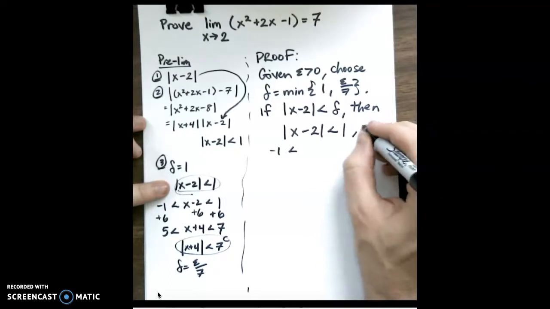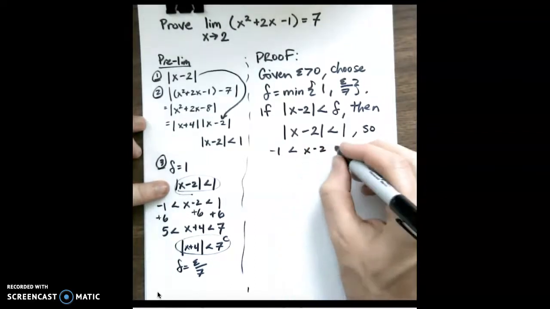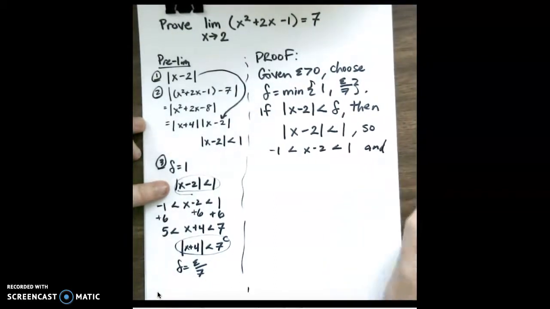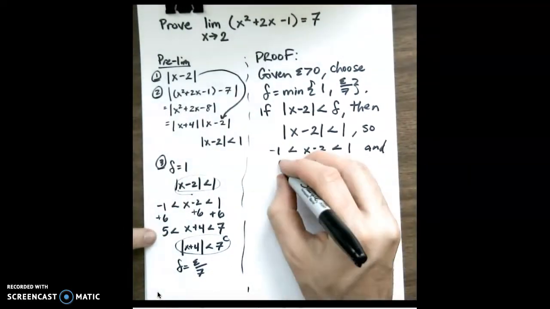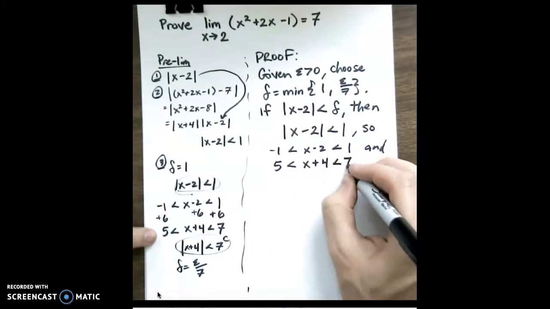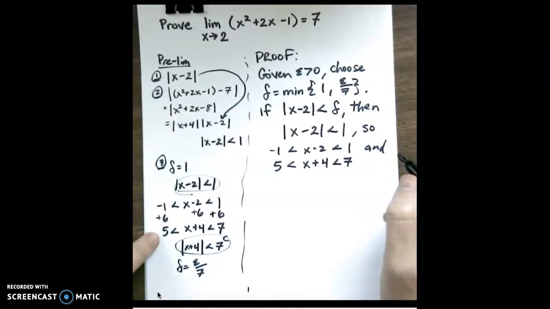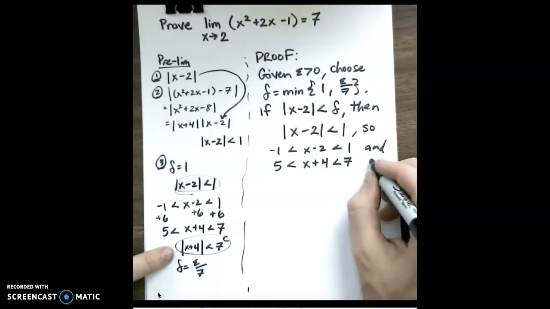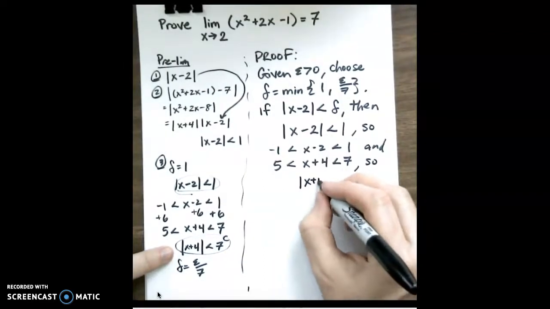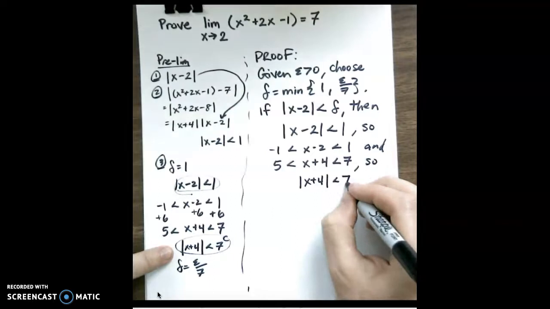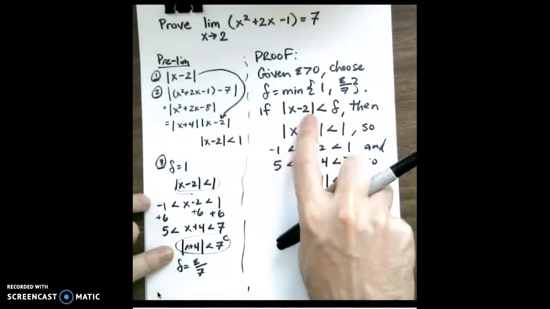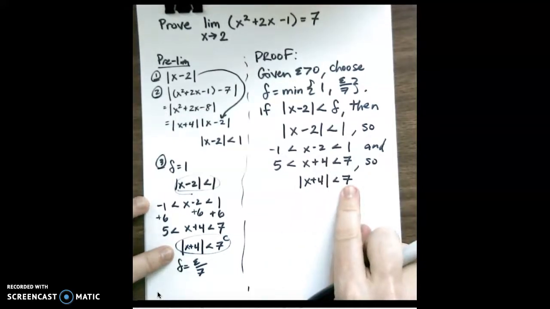And then we can add 6, so we would get this, which we already did this work before. Okay, so we want to put that in the proof somewhere so that we have a statement for x minus 2, we have a statement for x plus 4.